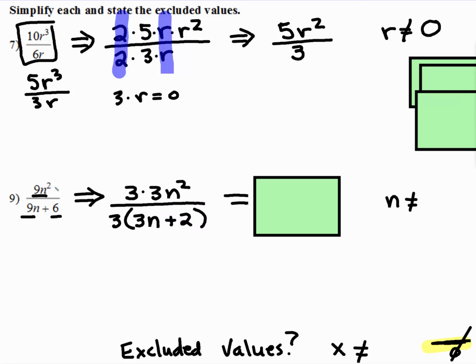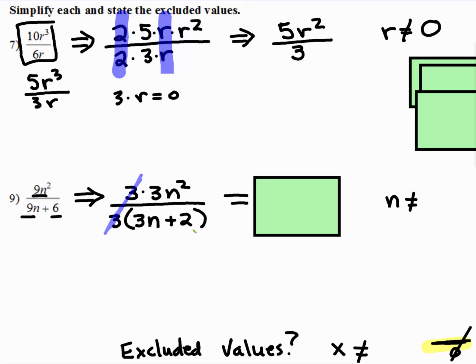So 9n squared is the same thing as 3 times 3n squared. 9 and 6 have a 3 in common, so we're going to do the reverse distributive. A 3 gets pulled out, and that leaves 3n plus 2. And then notice, those 3's can be canceled.